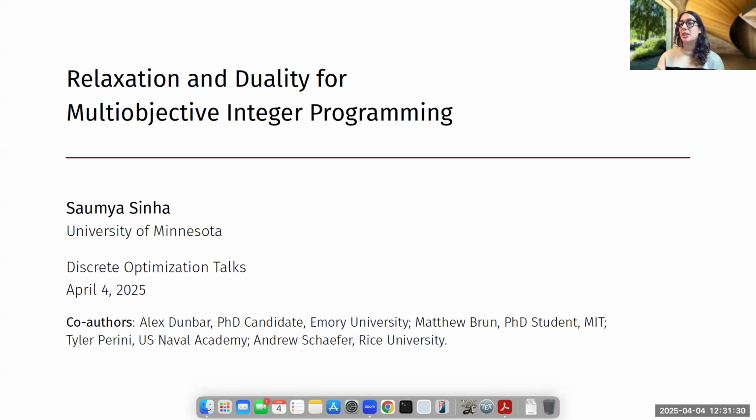Before that, she received her PhD in applied mathematics at the University of Washington in Seattle, where her dissertation focused on robust dynamic programming. So her research in general focuses on decision-making in uncertain and dynamic environments, and especially motivated by applications in clinical decision-making, healthcare, and health policy.